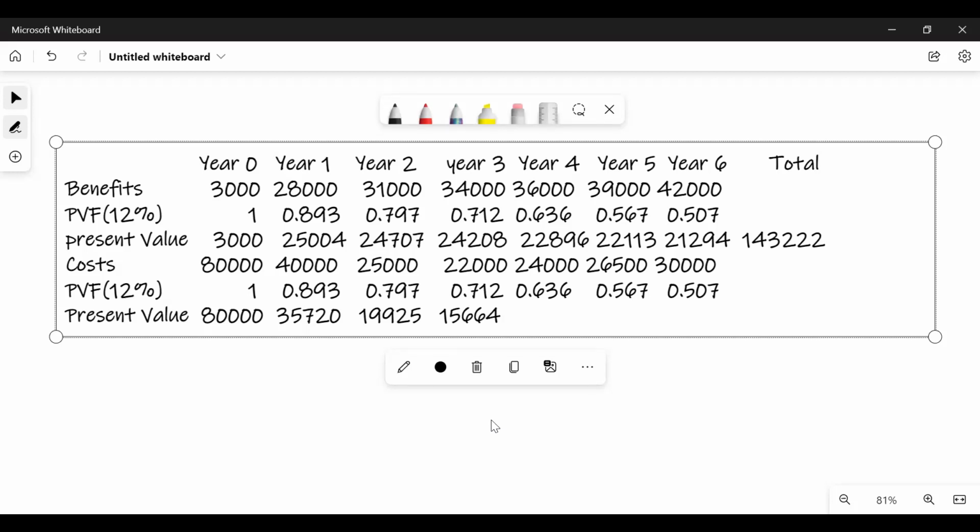Then 24,000 into 0.636 is 15,264. Yes, 210.